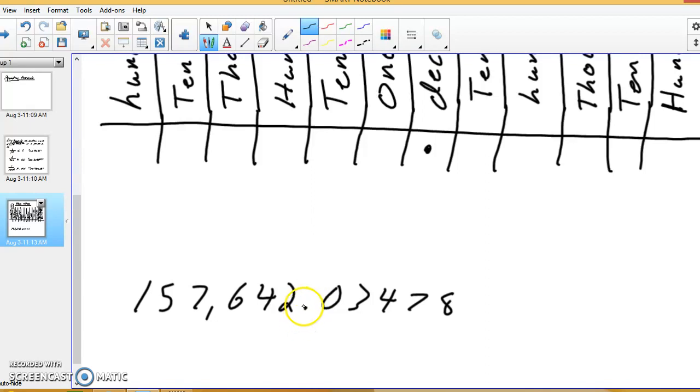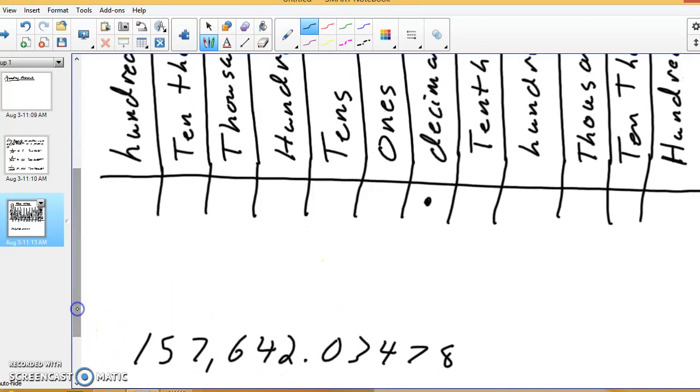First off, we find where the decimal point is. Then we want to know what's in the ones place. Well, what's in the ones place is 2. What's in the tens place is 4. Hundreds is 6. 1,000s is 7. The 10,000s is 5. And the 100,000s is 1.